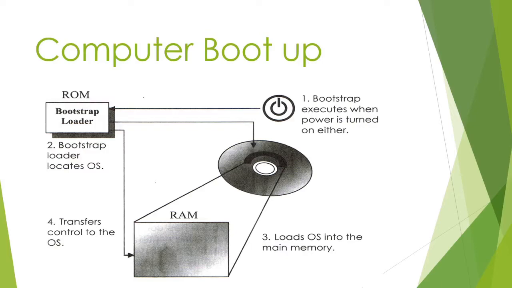What is the purpose of a bootstrap loader? It will look for the operating system. Once the operating system is found in your hard disk, it will be loaded into our random access memory, or the memory itself, and then our computer system will boot up straight through.